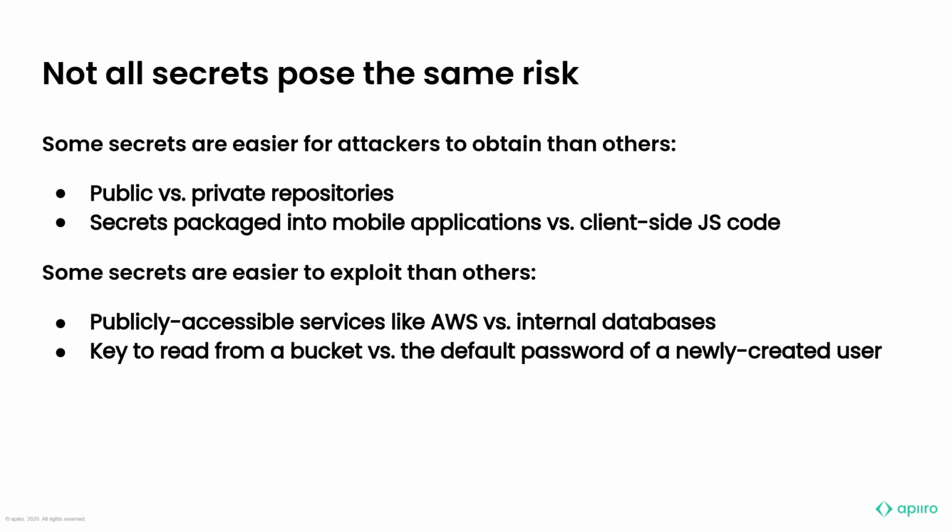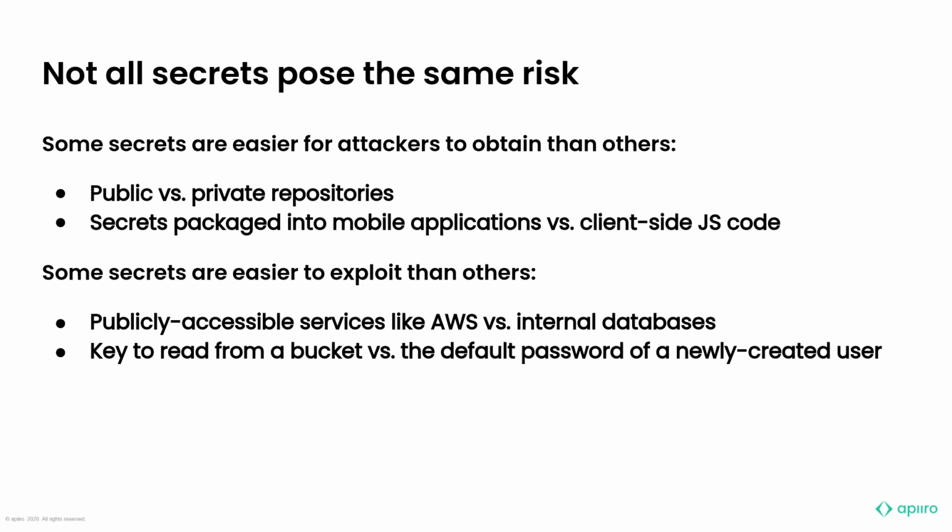Okay, so the last point here is just another way to understand that there are lots of secrets. Some of them are easier to find, some are harder, but eventually we also need to understand that not all secrets are as easy to exploit or have the same business impact.